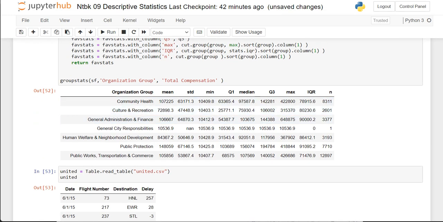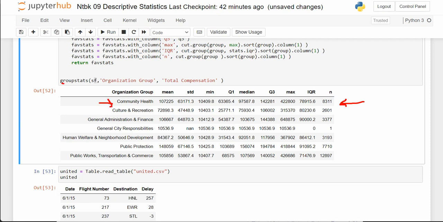And sorry, first thing that we did was San Francisco. And notice what it does. It does a breakdown for every single group. Every single organization group has a FAVSTATS, right? So every row is what FAVSTATS would do if we just singled out that group.